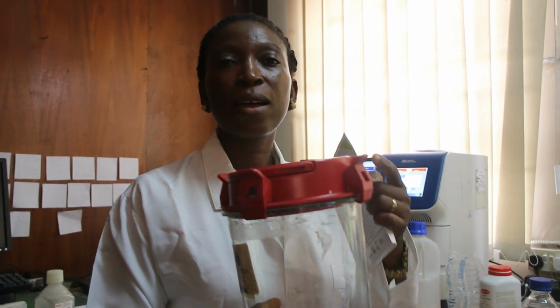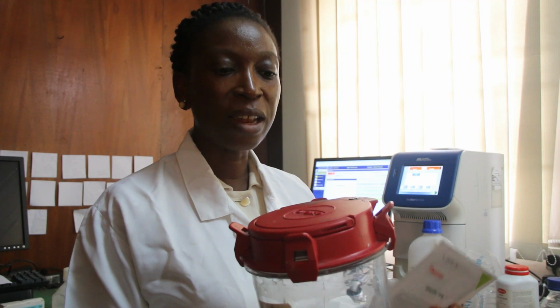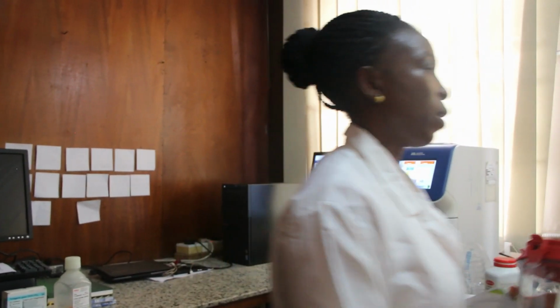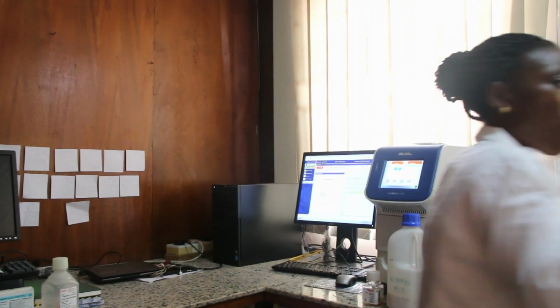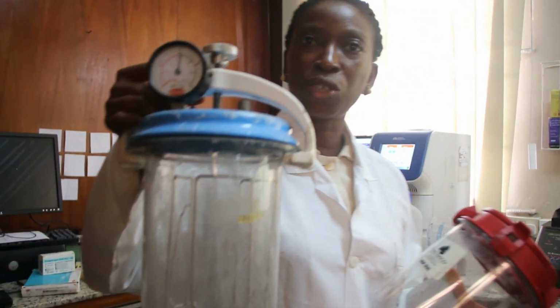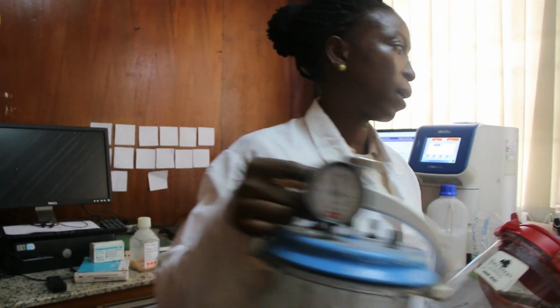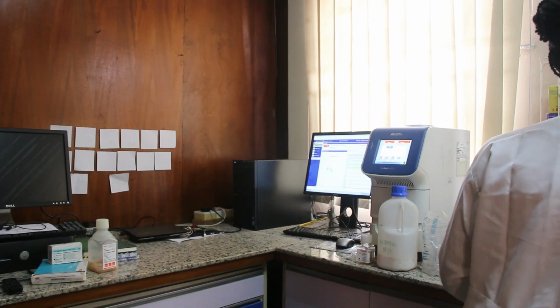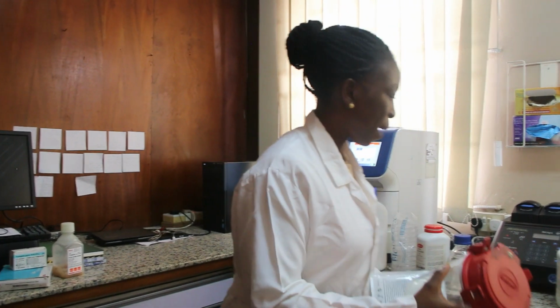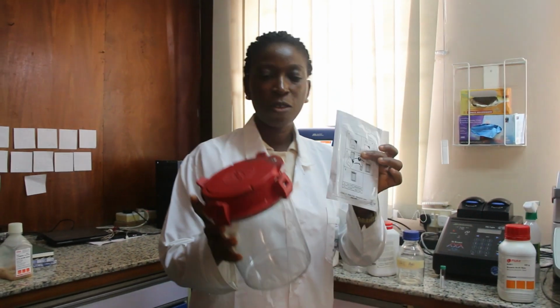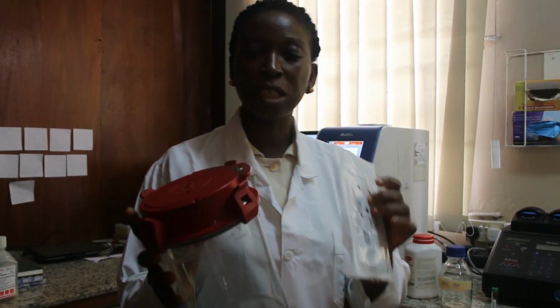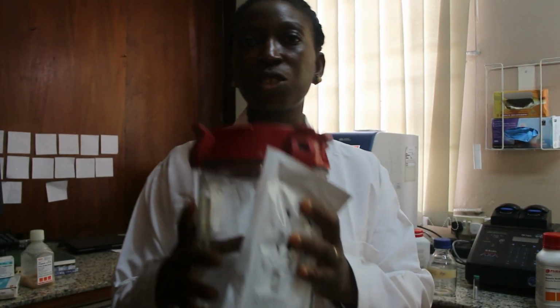There are bigger gas jars that will require a 5 liter gas pack, chosen based on the volume of the gas jar. This is another one, which will require a 5 liter gas pack. So the microaerophilic condition can be created by introducing this gas pack into the gas jar.